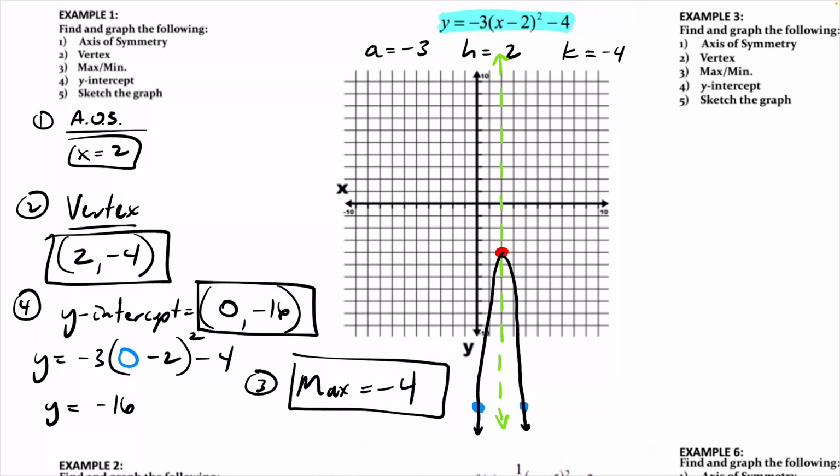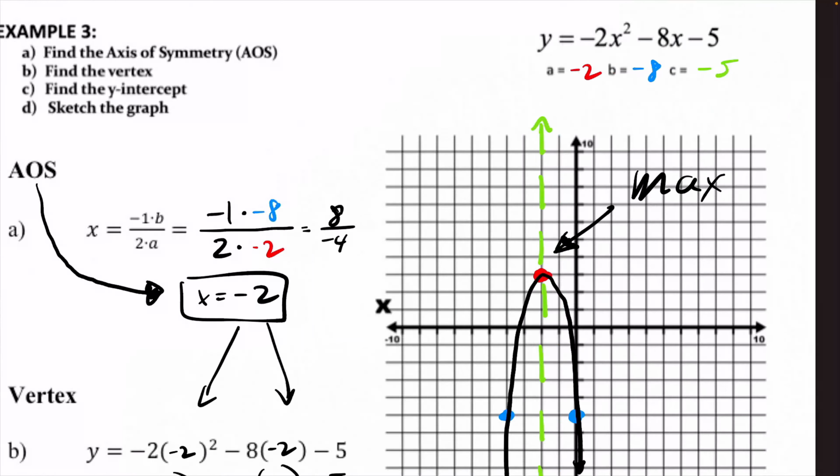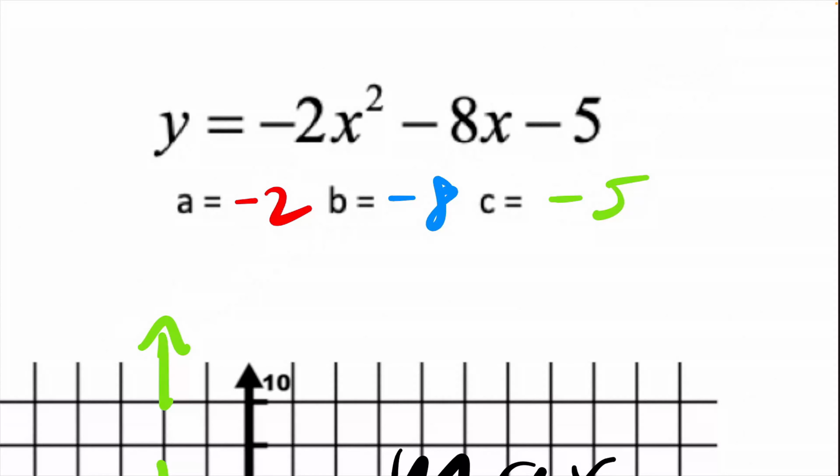Okay. Now that one's nice because everything they gave to you, we didn't have to do a lot of work to figure it out. Here's the thing though, and I see this every year. Every year, students are like, I really like Vertex form because it gives you everything, right? And then they try to use Vertex form for everything. So let me show you a problem. Let's say I have this problem on the test.